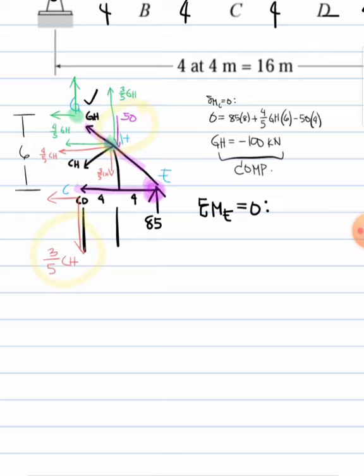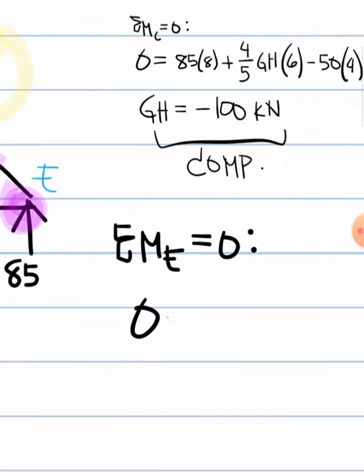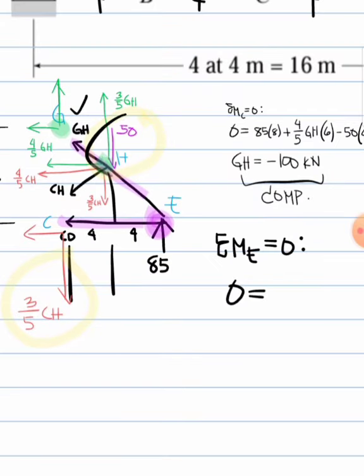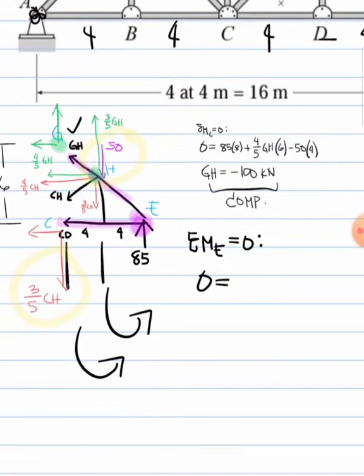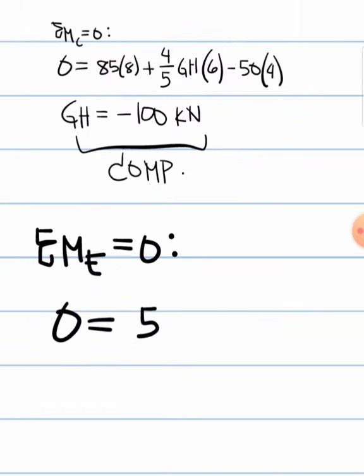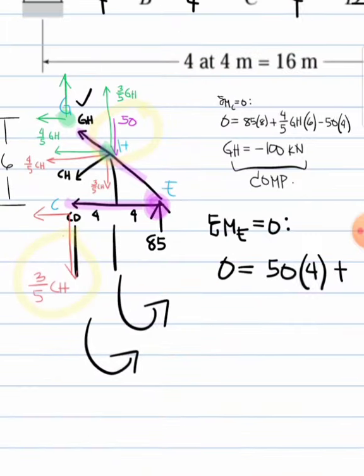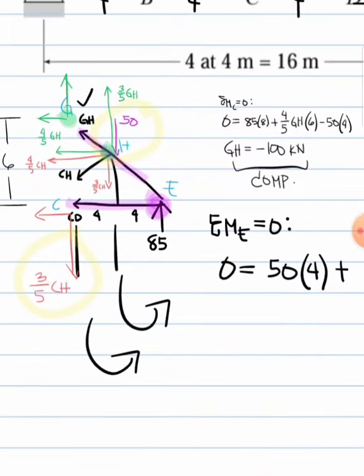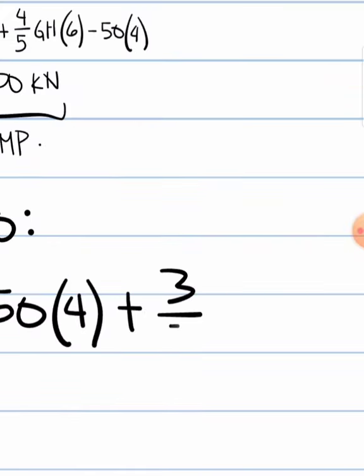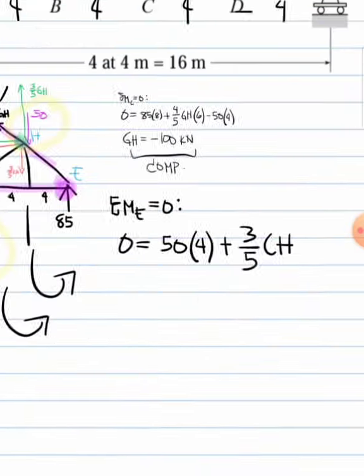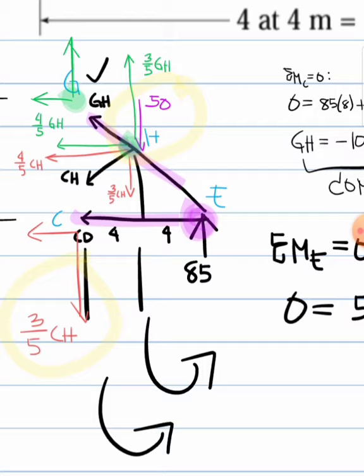So again, sum of the moment at E, that's 0 equals these two forces. It goes towards the same direction, so 50 times 4 plus this one, 3/5 of CH, and no other forces. 3/5 of CH, and of course its moment arm, which is 8.